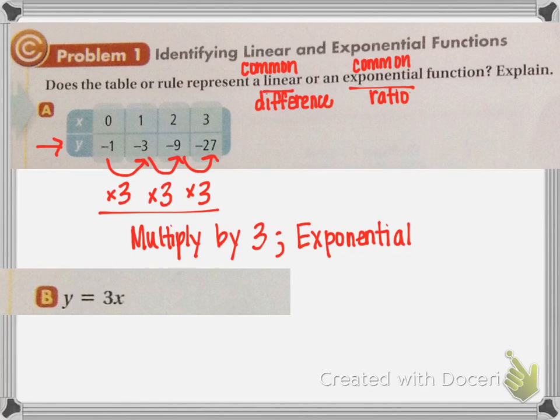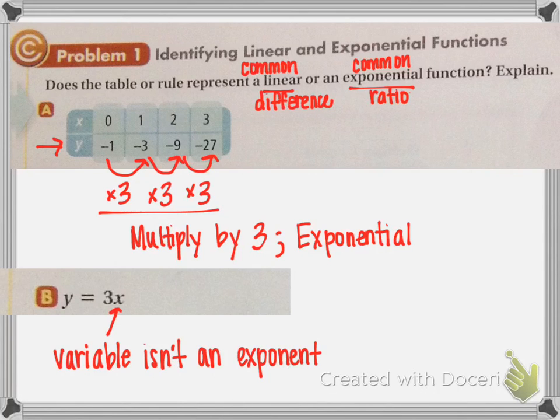All right, B, y equals 3x. If the variable, the independent variable, which is 9 times out of 10 going to be an x, is not in the exponent, it is not exponential. So the variable isn't an exponent.